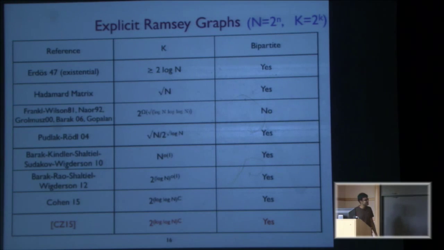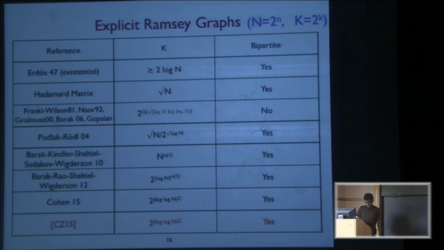All right, and there has been a long line of work on constructing explicit Ramsey graphs. I'll quickly get you through all these parameters. The top one is the existential result, and Lindsey's lemma again shows that the Hadamard matrix gives you a bipartite Ramsey graph with k square root n.